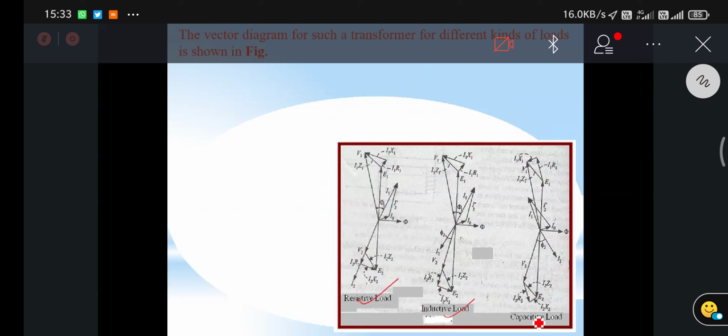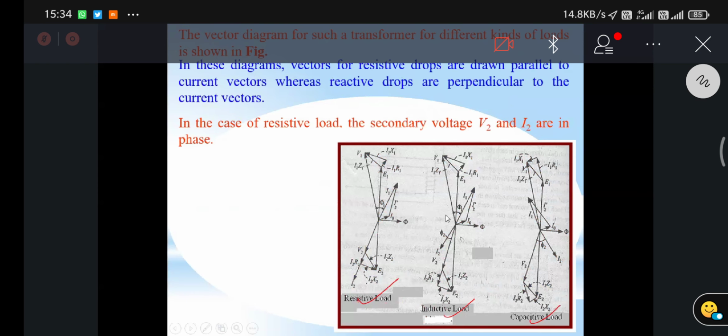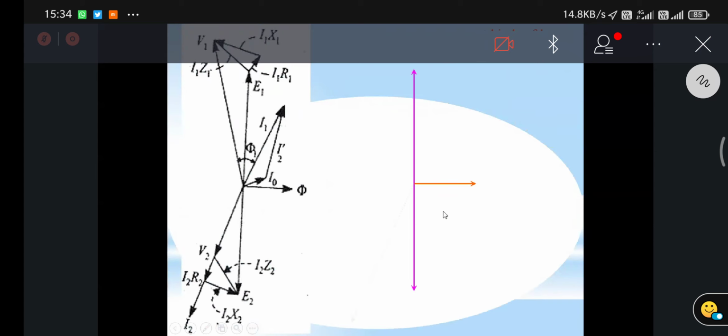From that I am going to discuss the vector diagram for such a transformer for different kinds of loads, resistive, inductive and capacitive. But the time is actually 3:33, so we will discuss the phasor diagram later. After that we will discuss the equivalent circuit of the transformer.